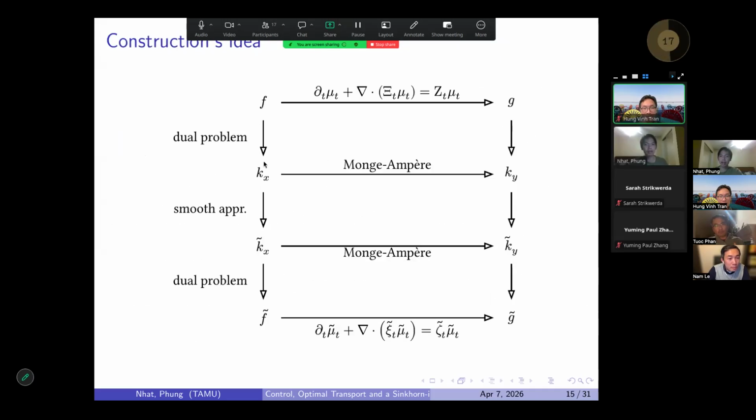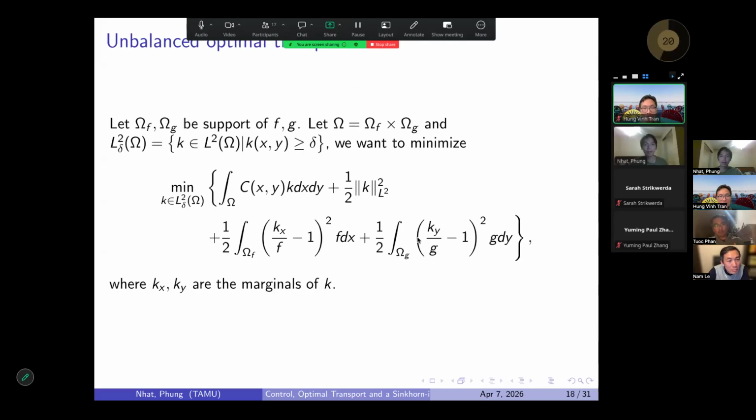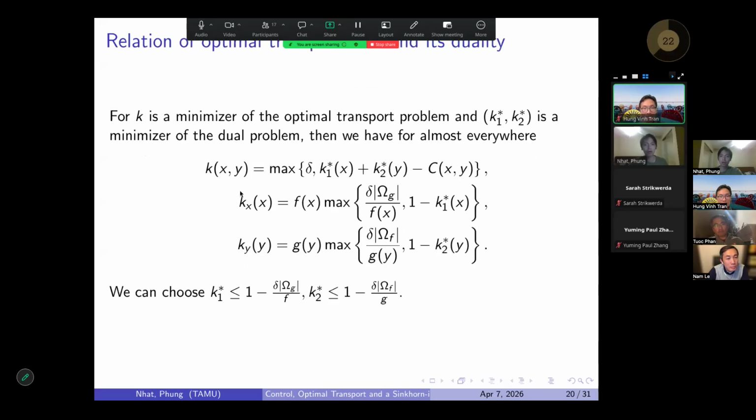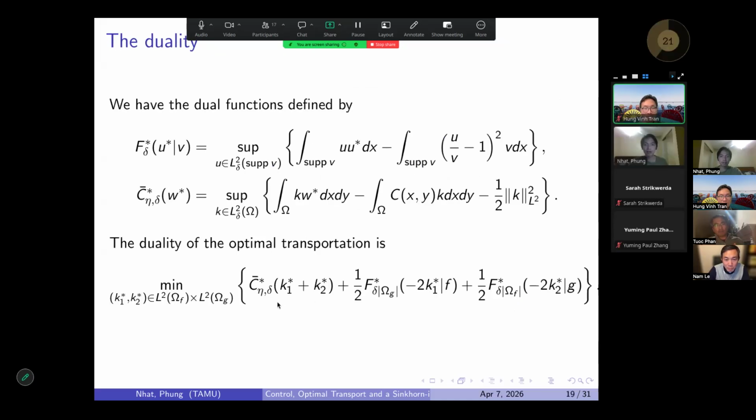We can find Kx, Ky, and if we have an approximation, we can also find the approximation for f and g in here. So the idea is that the optimal transport and the dual problem will give you identities where you can compute them. So now it comes to whether we can solve the optimal transport problem or not.